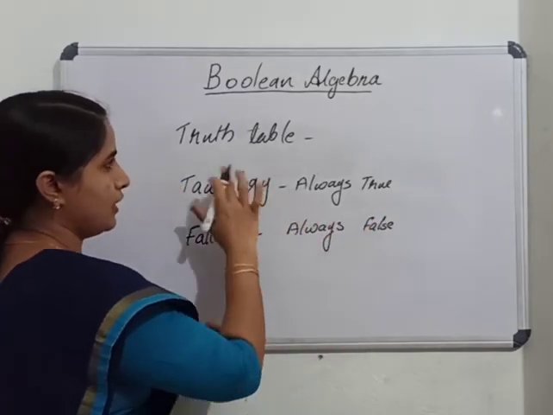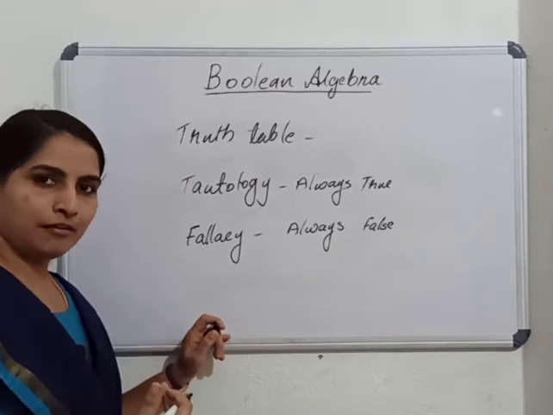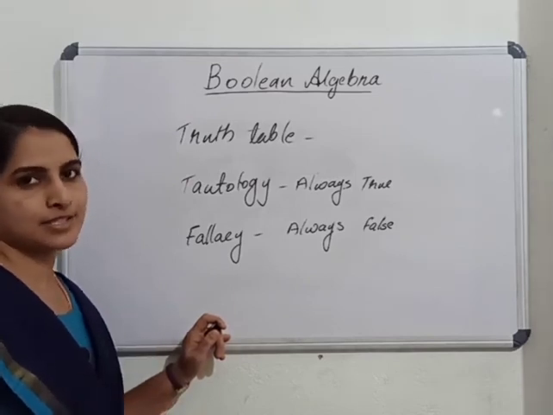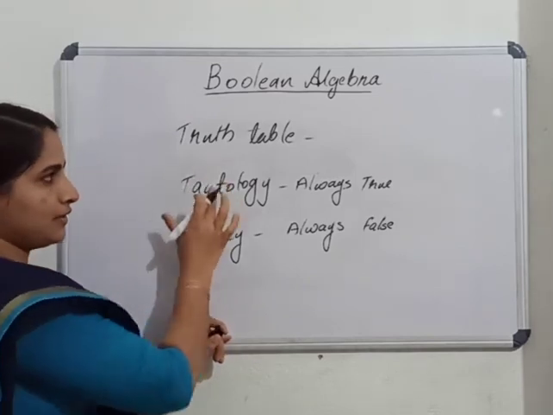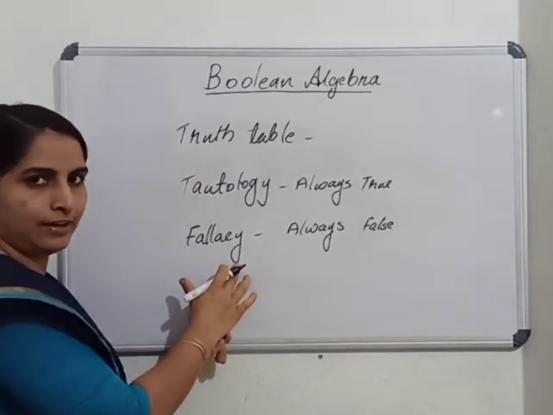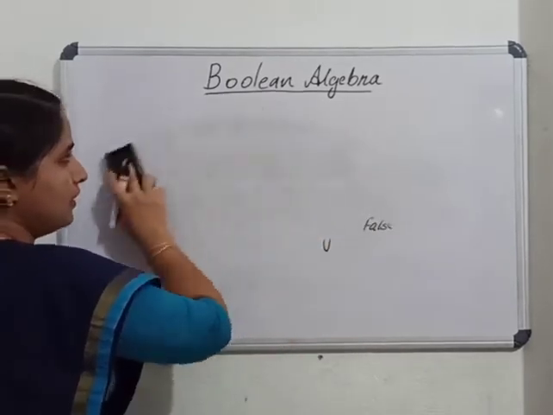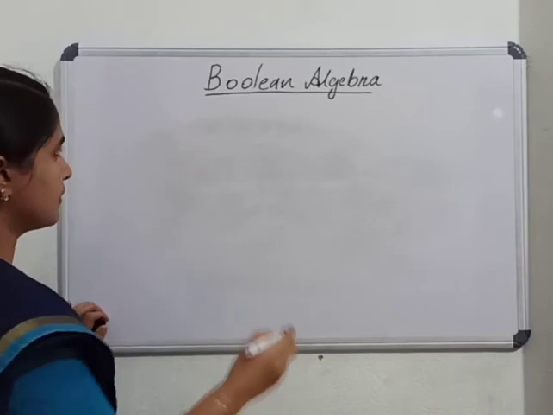I will explain the tautology, fallacy and truth table with examples while learning the next session. So keep these three terms in mind: truth table, tautology and fallacy. Now we can learn the Boolean operators.